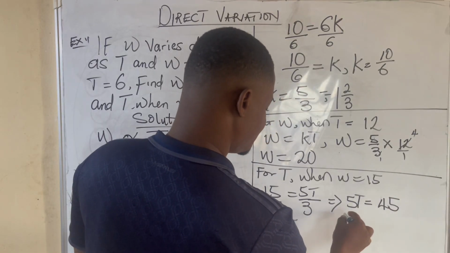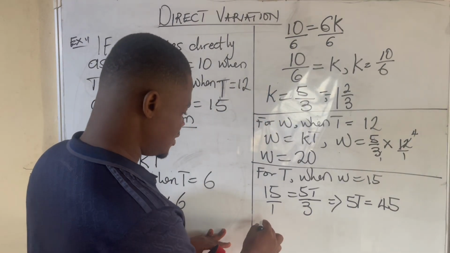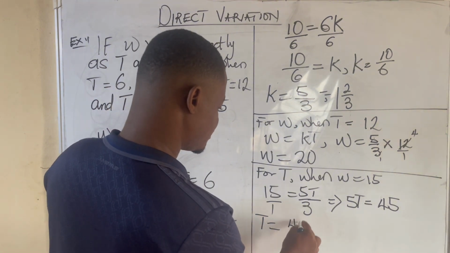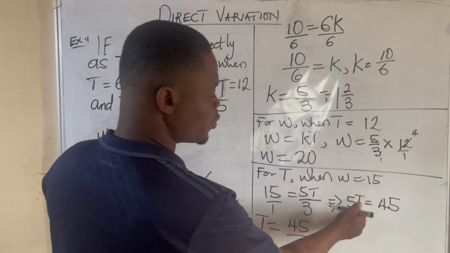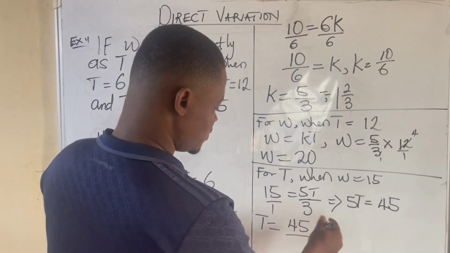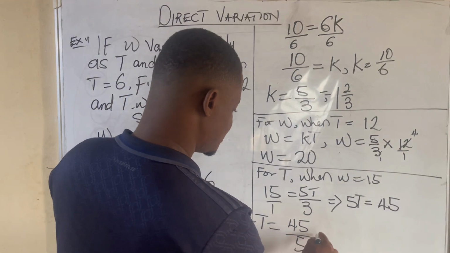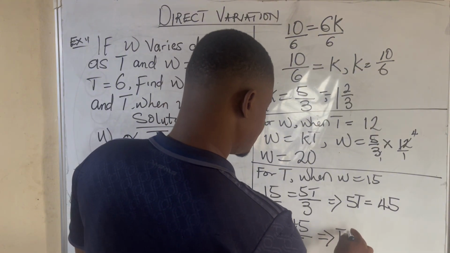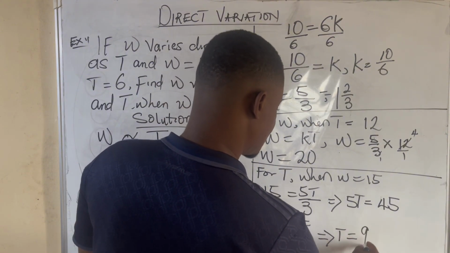And for us to get the value of T, we divide 45 by the coefficient of T, which is 5. And this will give us that T is equal to 9.